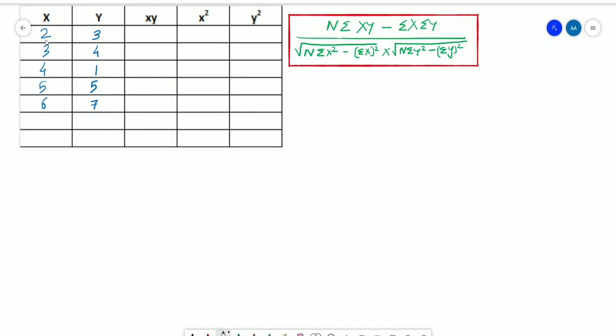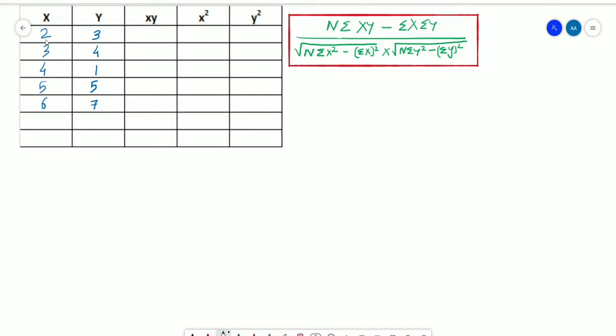So we have put up the values of x and y. Now we need to calculate the values of the rest of the table. First we will calculate x multiplied by y.